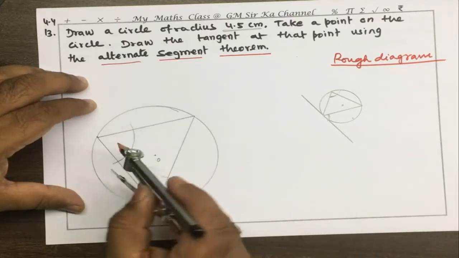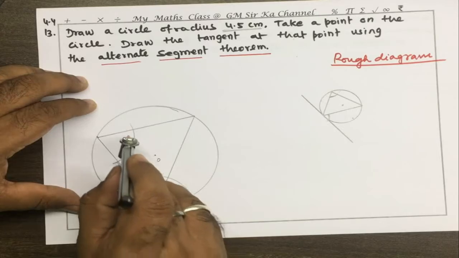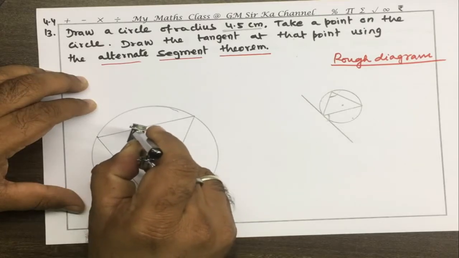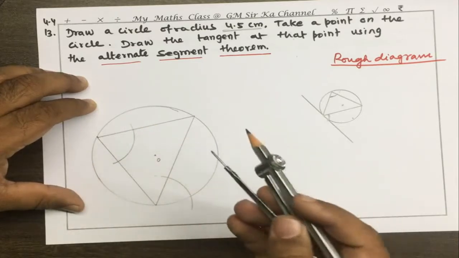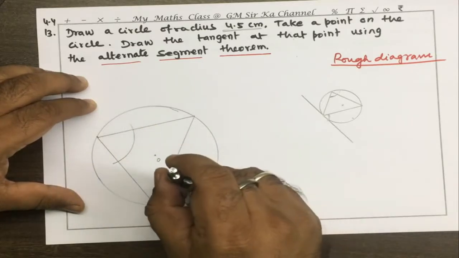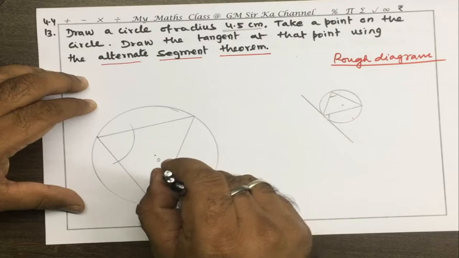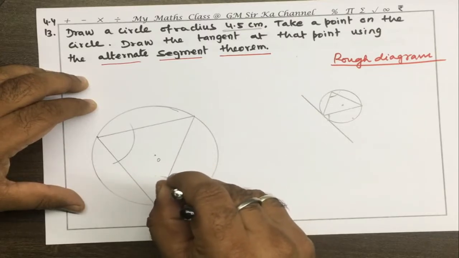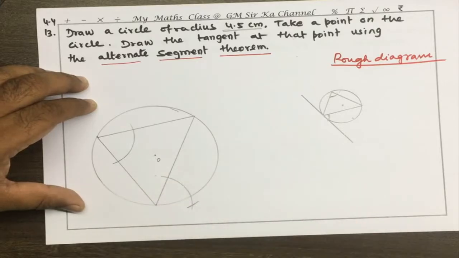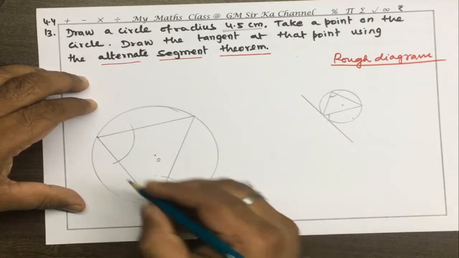and the equal angle of this we have to draw here. So the angle is measured now. In this way we have to measure the angle, and the equal angle is drawn here from this point, intersect the previous arc.